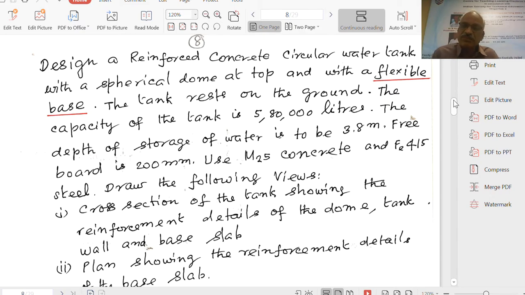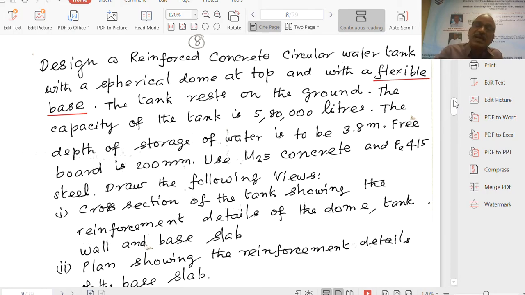That means flexible base means the reinforcement of the side wall and the reinforcement of the base slab will be different. They will be provided with a flexible joint at the junction. So the reinforcements will not be connected. The reinforcement of the two will be different. The connections are things we will discuss a little later.